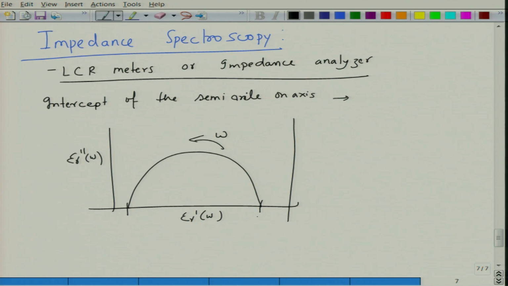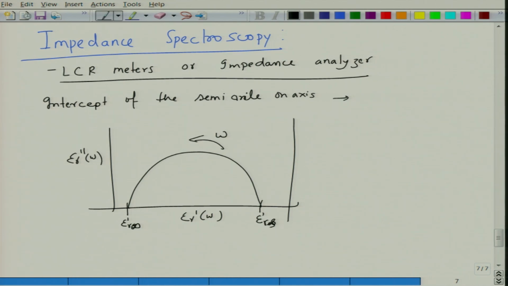So this is the low frequency intercept. This is epsilon r infinity and this is epsilon r s. In this case we are looking at the real part. The low frequency intercept is epsilon r s, and the high frequency one is epsilon r infinity. Sorry, it is the other way around.